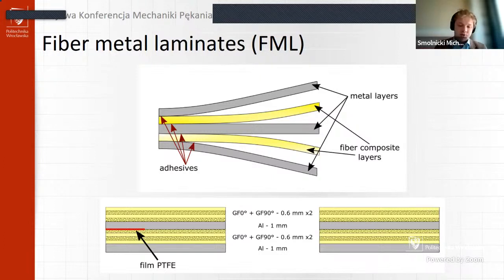This one is actually based on glass fiber and aluminum, and also on a polyamide matrix. So it's meant more for the automotive industry than aeronautical. But anyway, for this research, it is only a material for obtaining the data.